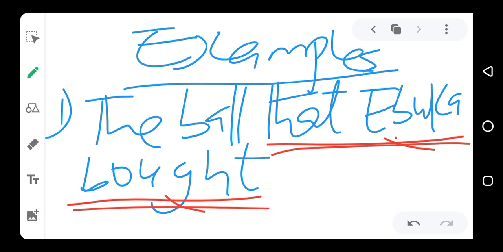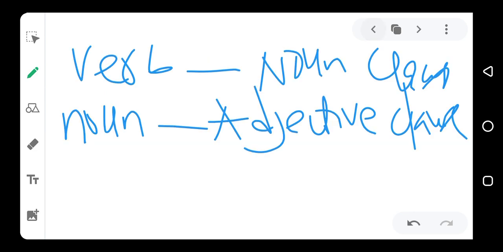For us to know whether it is an adjectival clause, we think about the markers of adjectival clause. This part of the sentence is starting with that, so we suspect an adjectival clause. That is a marker for adjectival clause and also a marker for noun clause.